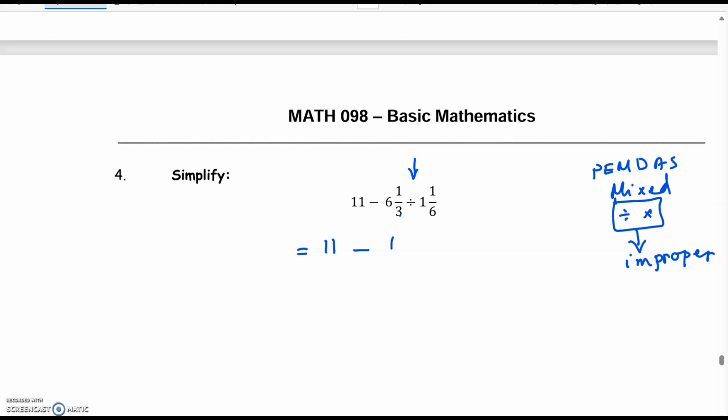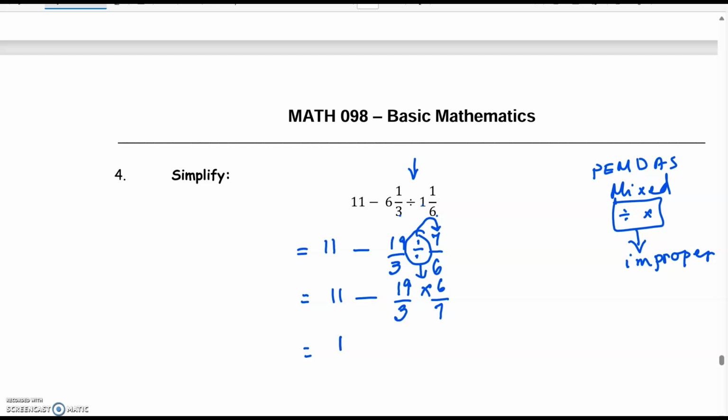6 3's are 18 plus 1, 19 over 3 divided by 6 times 1 is 6 plus 1, 7 over 6. So this is equal to 11 minus, and now we still have to do the division. So the only way to divide fractions is by changing division to multiplication and immediately flipping the one fraction right next to it.